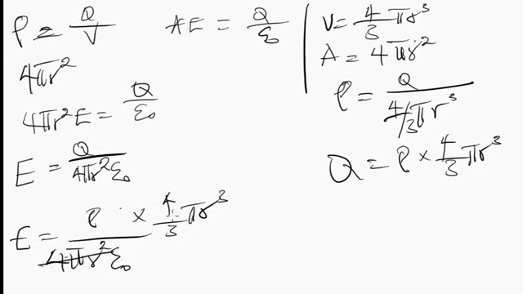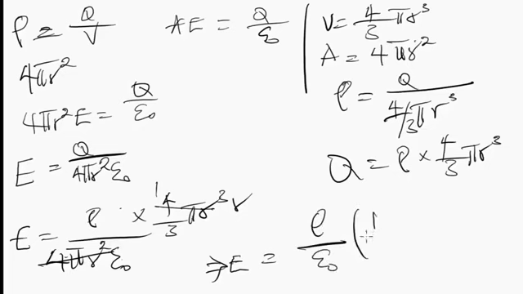If I go ahead and make a division here, I should have just r remaining here, and then this is 1 over 3 here. So ultimately I'm going to have my E to be rho over E naught times 1 over 3 r.